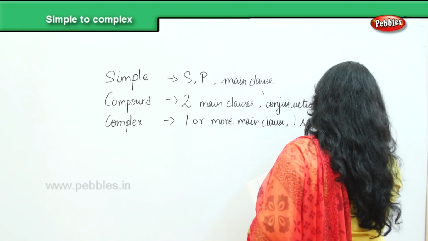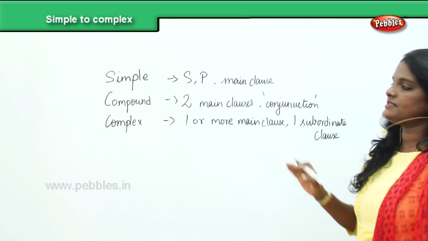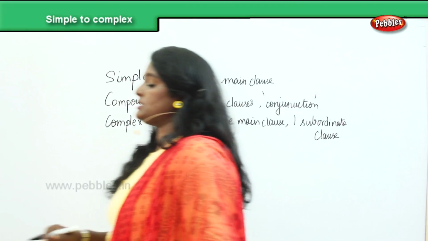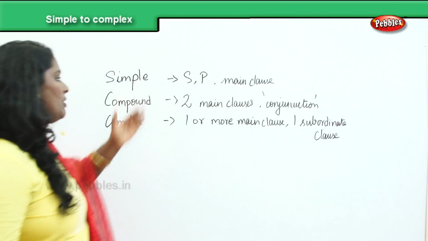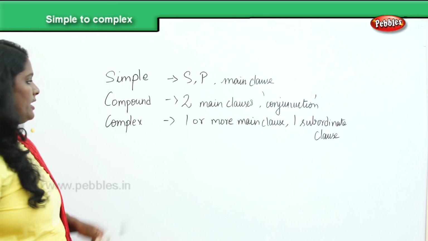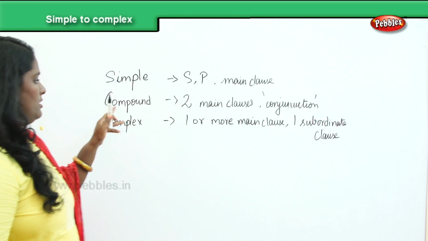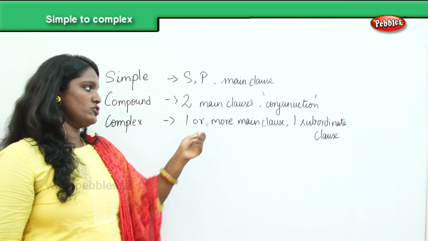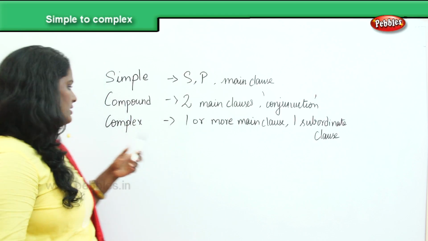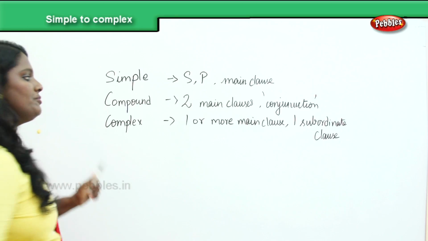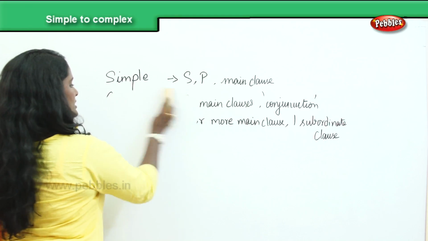Now you need to be quite clear with these three types of sentences as to how many clauses are in each type. If it's a compound, you have two main clauses with one conjunction, and if it's a complex sentence, one or more main clause with one subordinate clause.